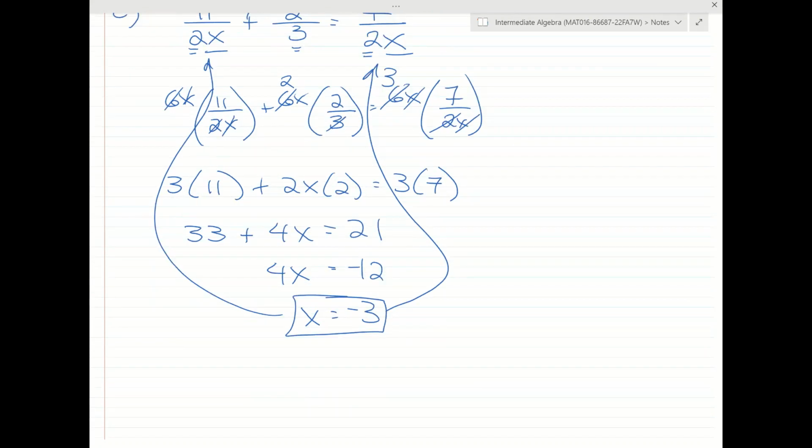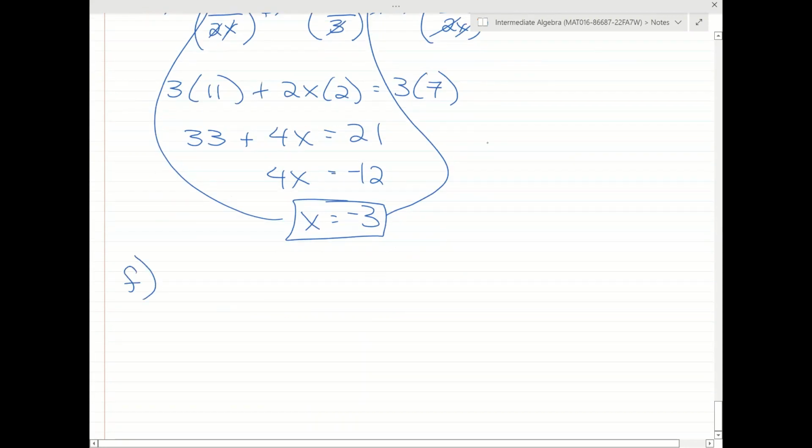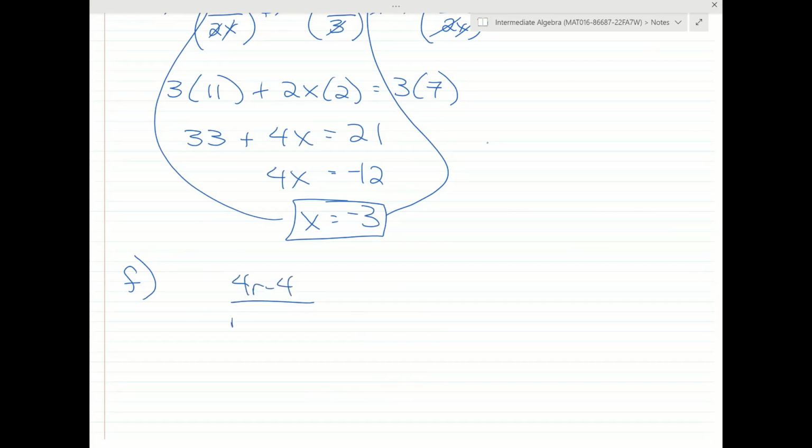All right, and then the last one is, this would be the true grand finale here. And we have 4r minus 4 divided by r squared plus 6r minus 7 plus 2 over r plus 7 is equal to 2 over r minus 1.